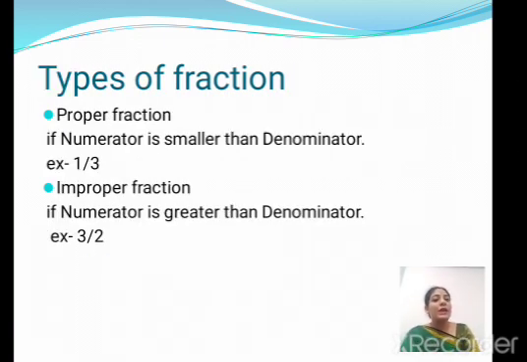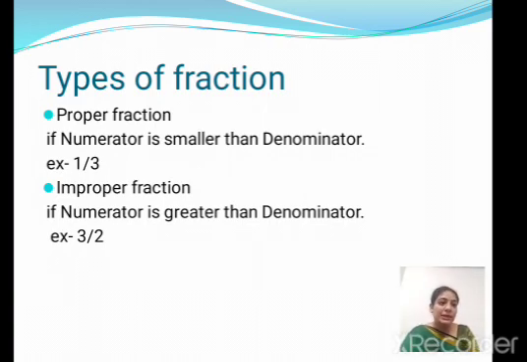Now, types of fractions. So what are the types of fractions? First is proper fraction. If the numerator is smaller than the denominator, then it is a proper fraction. Example 1 by 3. Improper fraction: if the numerator is greater than the denominator, then it is an improper fraction.